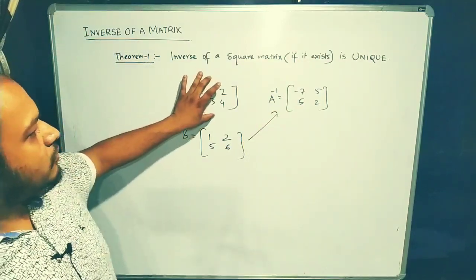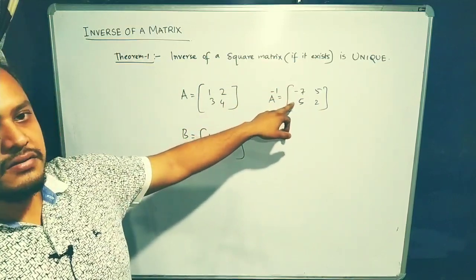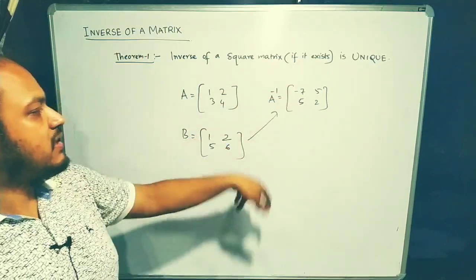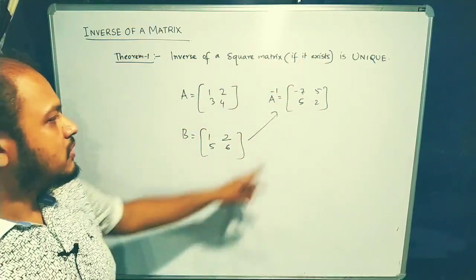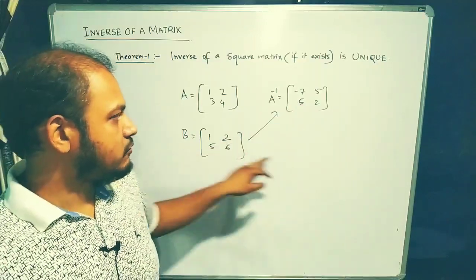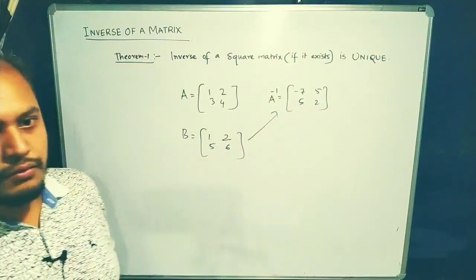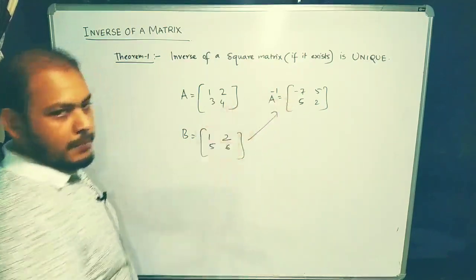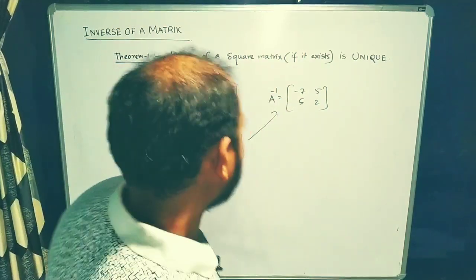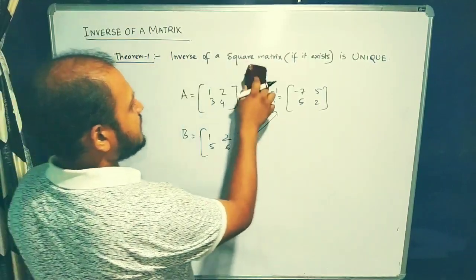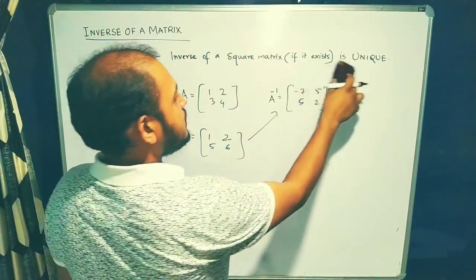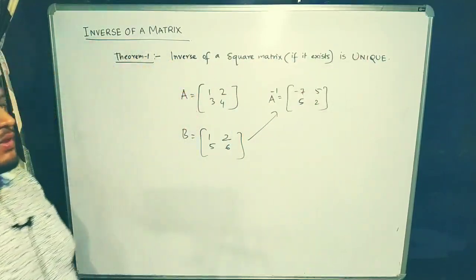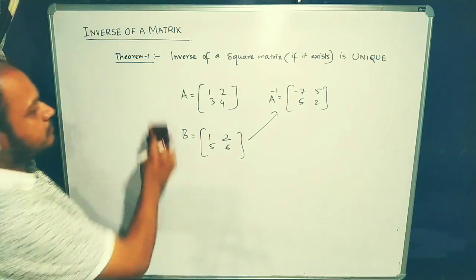This matrix will have only one inverse, and that is this matrix. It cannot be the inverse of any other matrix. Whatever matrix you choose, you cannot have any other matrix that will give the same result after inverting. No, there will be only one matrix that is the inverse of each other. Okay, just like your fingerprint. So the inverse of a square matrix, if it exists, will be unique. That means it will be only one in number.